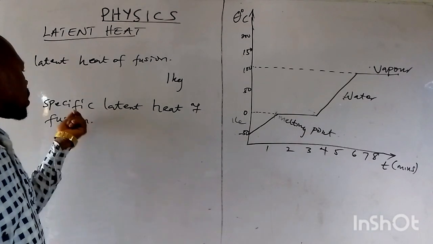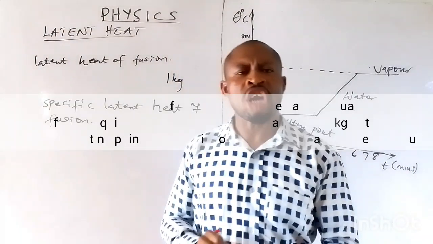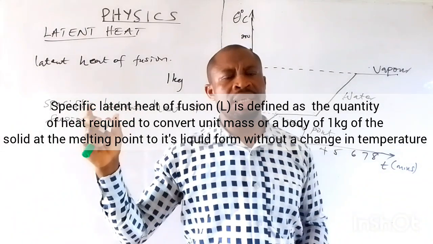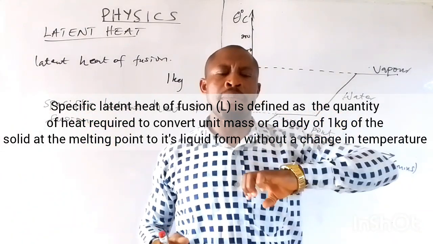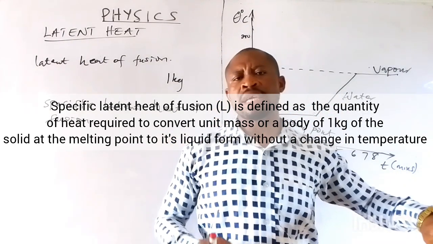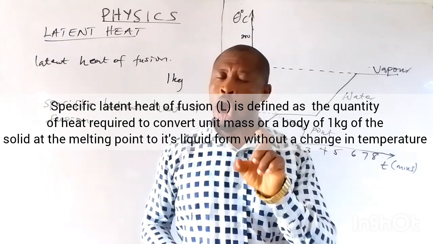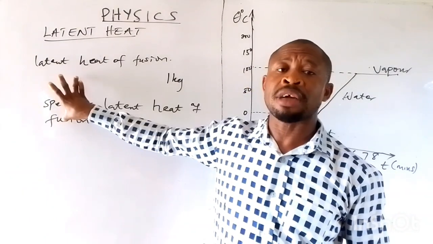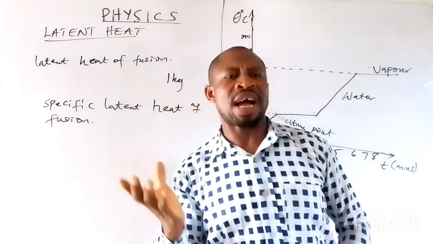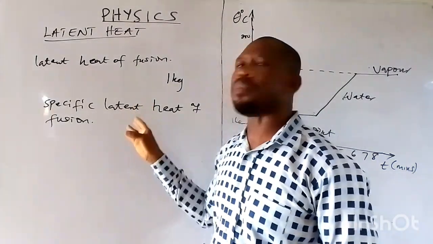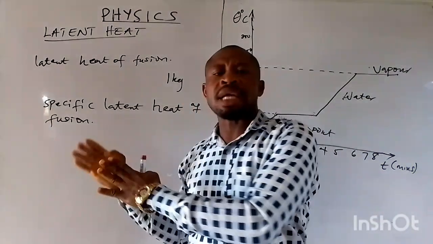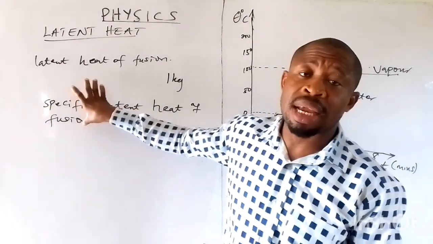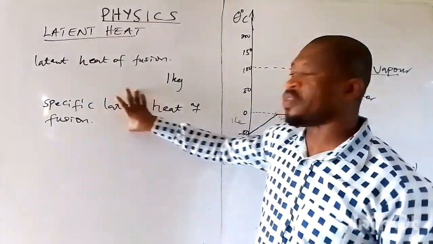When we say specific latent heat of fusion, we mean that quantity of heat required to change a particular substance at its melting point from its solid state to its liquid state at constant temperature. So the quantity of heat required to convert unit mass of a substance from its solid state to its liquid state at constant temperature, that's what we mean by specific latent heat.